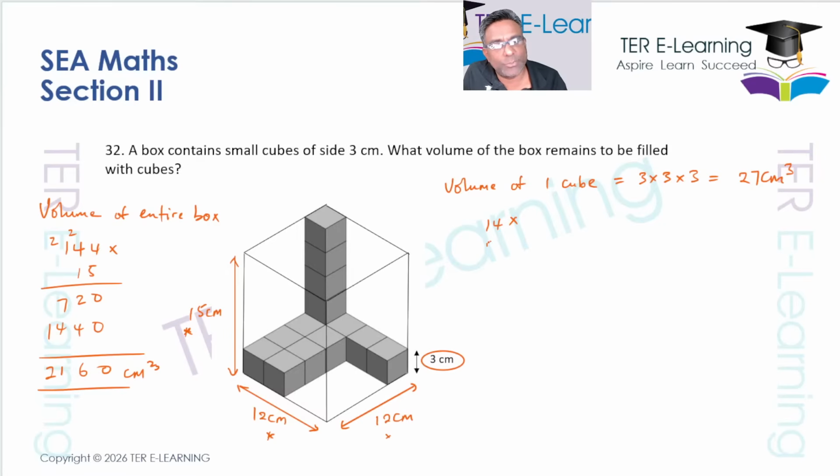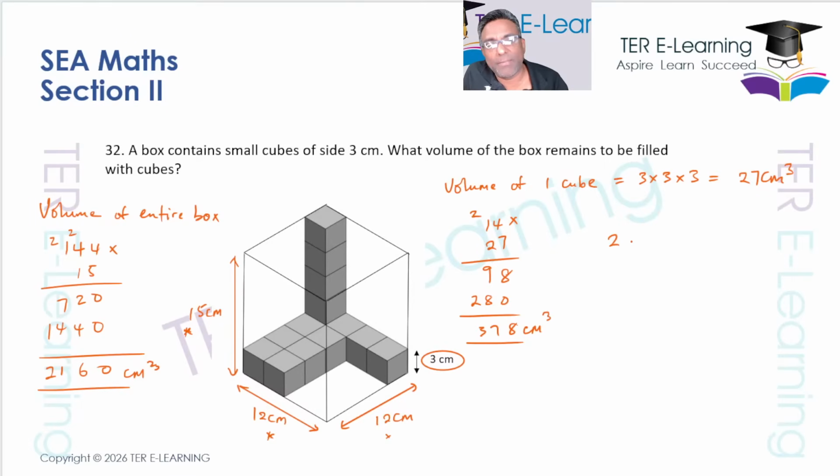So that's 14 by 27 we need to work out. 7 4s are 28, 1 is 2 and 2 is 9... So this represents the volume that is filled with the cubes here, 378.